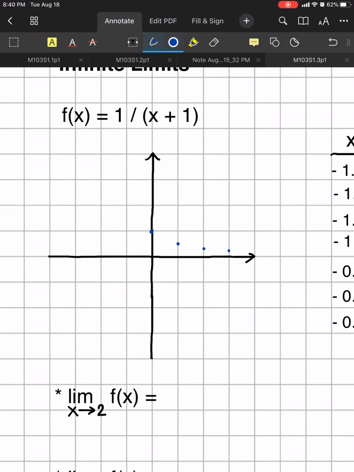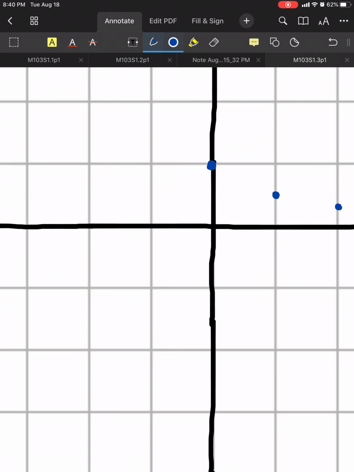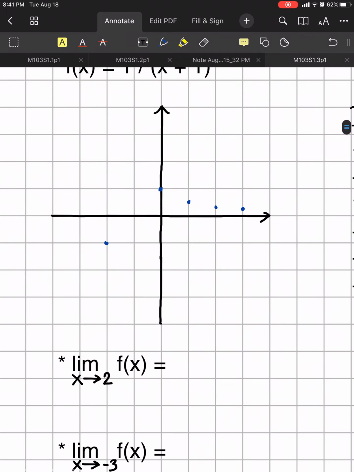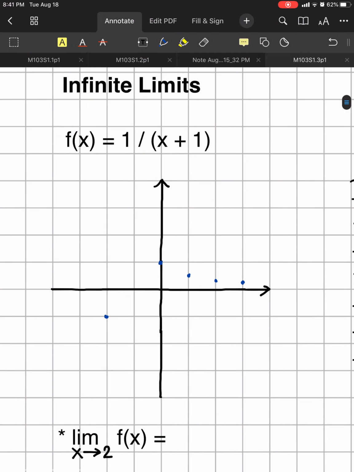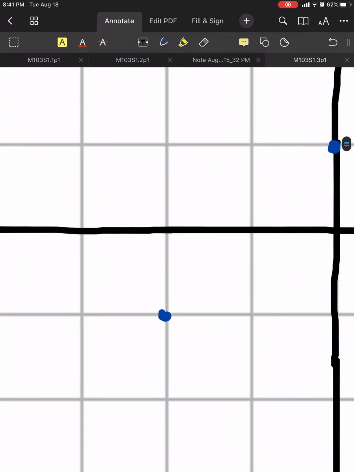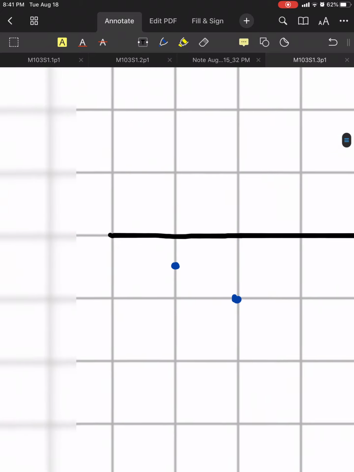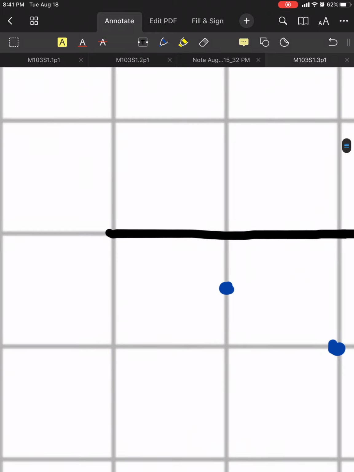On the other side, let's plug in -2. If I plug in -2, I should get -1, which is right over here. Let me make these a little bit bigger so we'll be able to see them later. Okay. And if I plug in -3, I get -3 plus 1 is -2, so 1 over -2, which is -1/2, which is right about there.